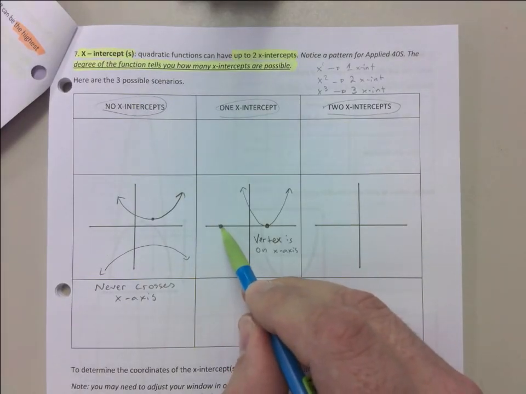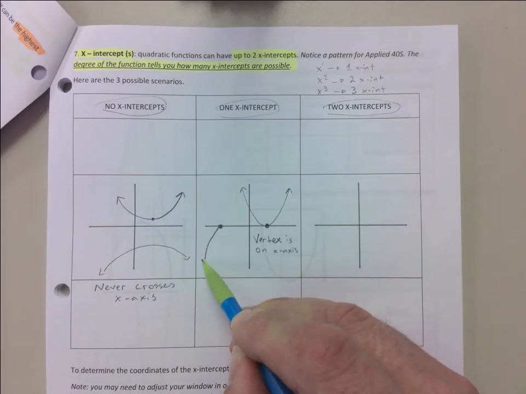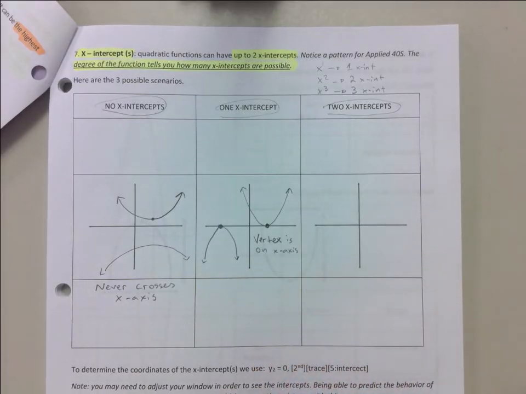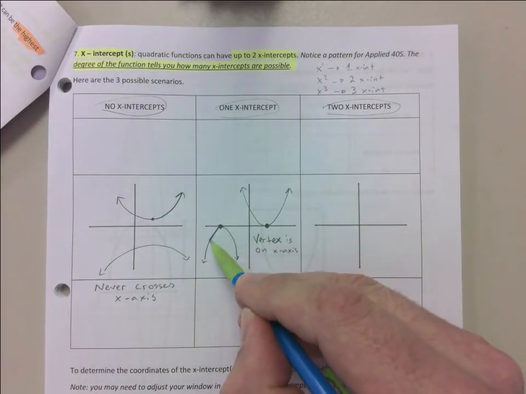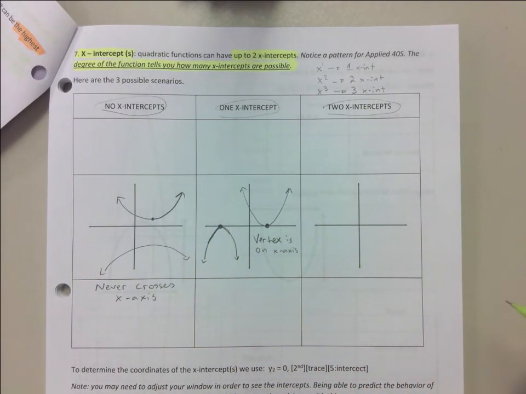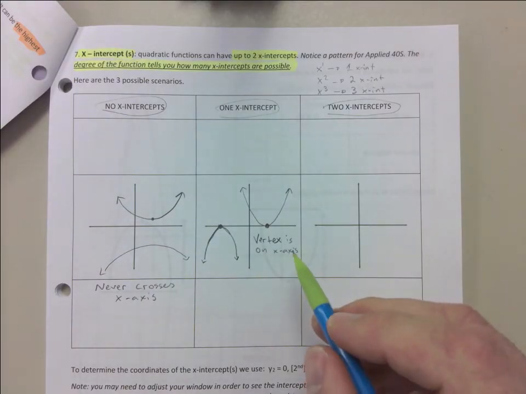So alternatively, it could also be facing down. Just make sure it doesn't look like a V. In grade 12, if you do a V, you're going to lose marks for a graph that is very sharp. This should always be a smooth transition like that, okay? Because there's actually graphs in pre-cal, if you take pre-cal, that are like a V. They're very sharp like a V. It's a different graph.